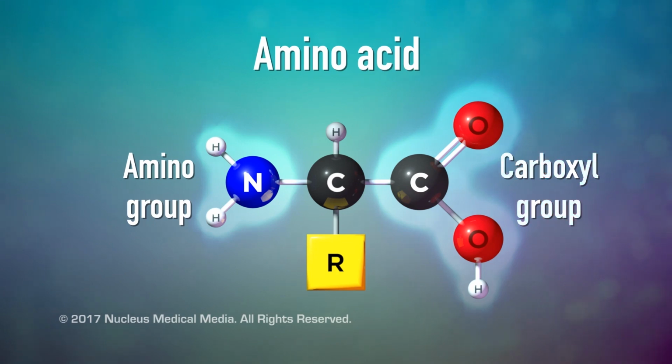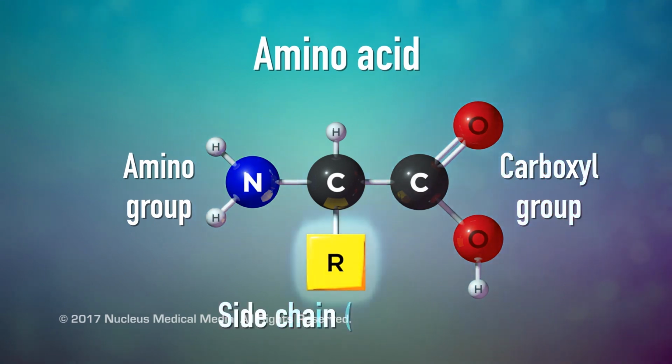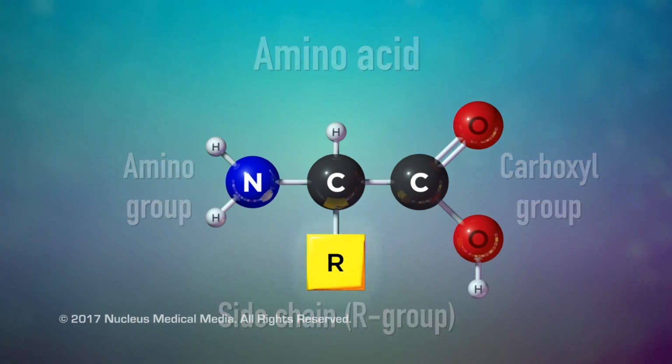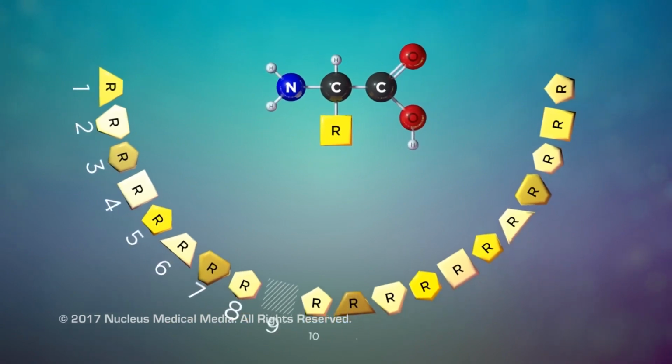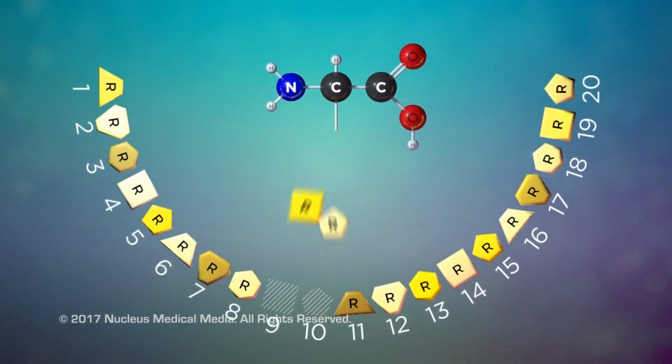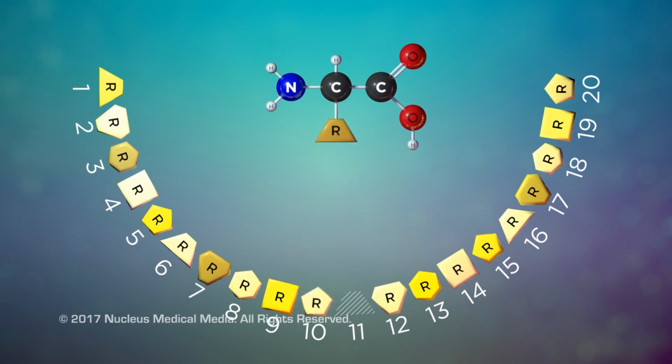But each amino acid also has a unique side chain called an R group. It's made up of one or more atoms that distinguish one amino acid from another. There are only 20 possible different R groups, so that means there are only 20 possible different amino acids.